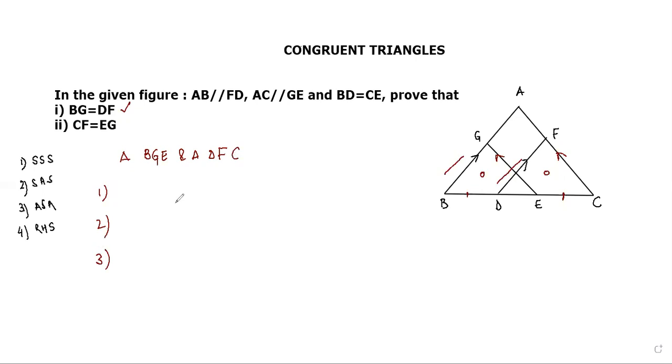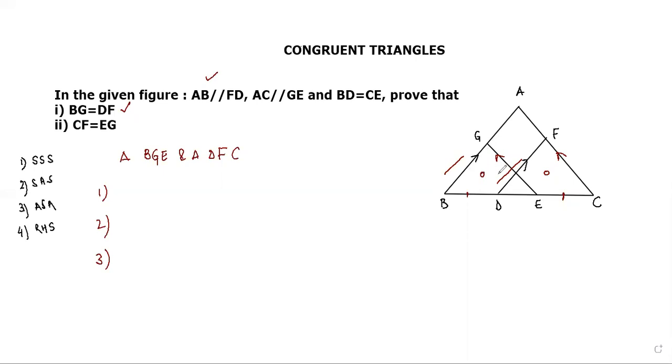All right, so let's see what all information is given. Let's focus there. AB is parallel to FD. These two lines are parallel. What does it give us? Is it giving us some hint?